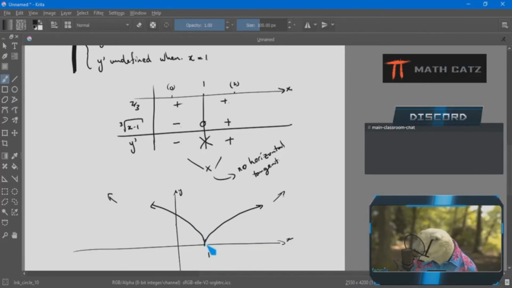I make a sharp point there, vertical tangent line, vertical tangent line. The more I see this, the better it'll get. I have a function value, it's defined there. The derivative is undefined, has to be a vertical tangent line.